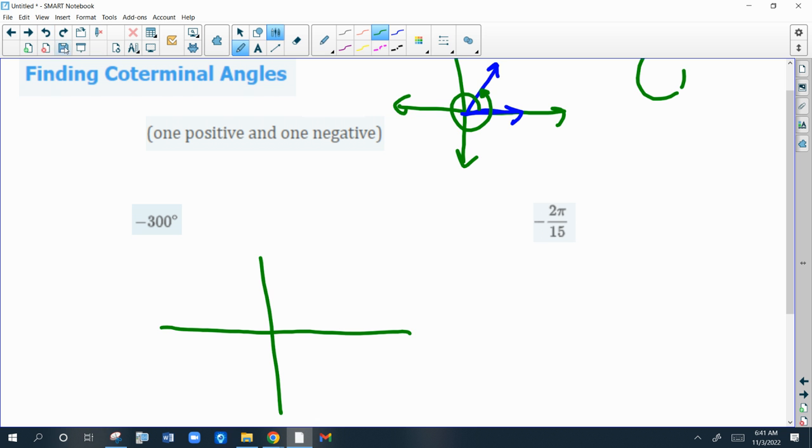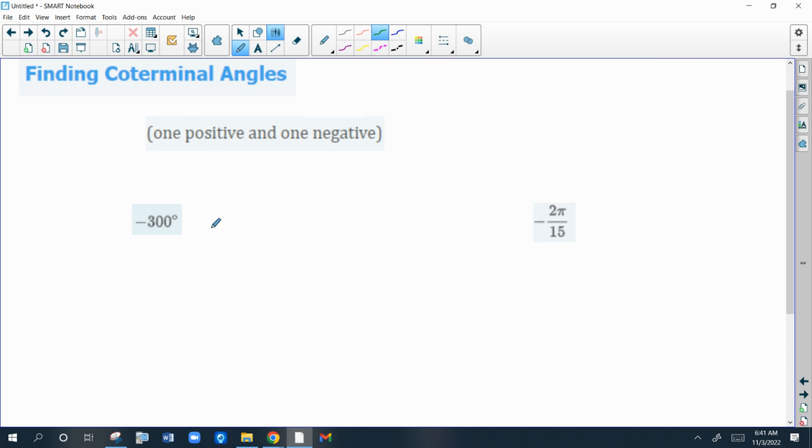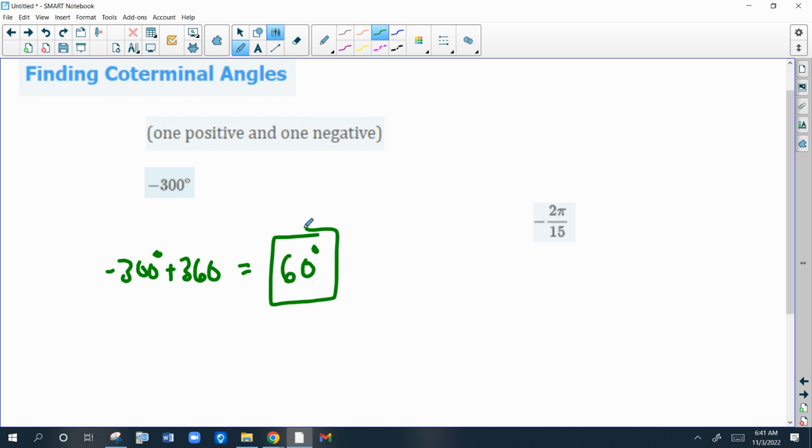To find a positive coterminal angle to negative 300, all you need to do is add 360 to it. So negative 300 degrees plus 360 is 60 degrees. That angle is guaranteed to be coterminal, start and end at the same spot as negative 300.